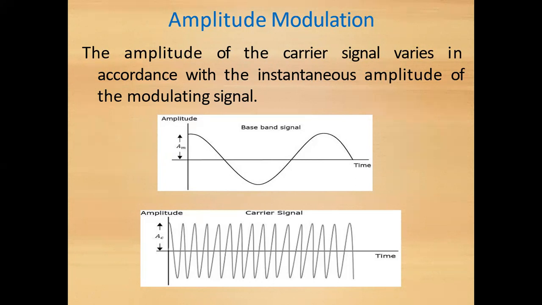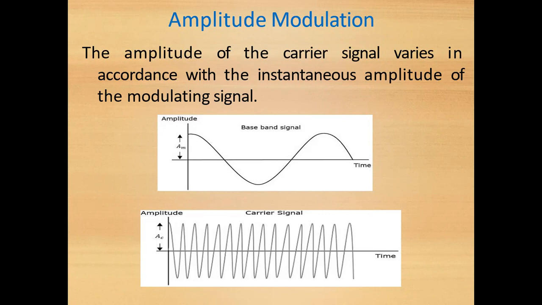So coming to the principal definition of amplitude modulation, the amplitude of the carrier signal varies in accordance with the instantaneous value of the amplitude of the modulating signal.